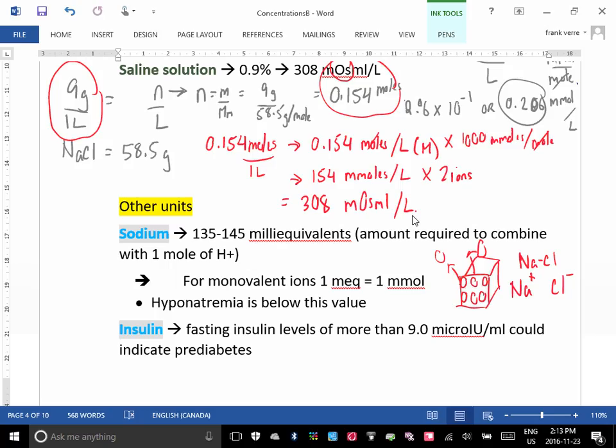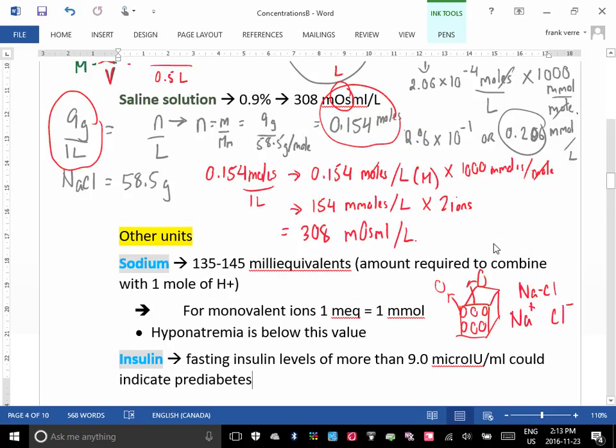Right? So for milliosmoles, you figure out how many moles you have per liter, and then you figure out what the ion does. If the molecule splits into 2 ions, you multiply by 2. If it splits into 3 ions, you multiply by 3. If it splits into 4 ions, you multiply by 4.